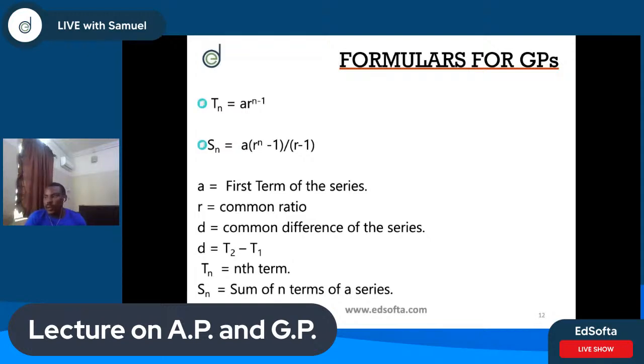Just the same way we had it for the AP, that's the same way we are going to have it for the GP. We can always find the sum of the first 30 terms, the sum of the first 60 terms, the first 2 terms, the first 3 terms. It's an easier way for us to walk through our AP and GP so that we can solve particular problems that might arise in our mathematics.